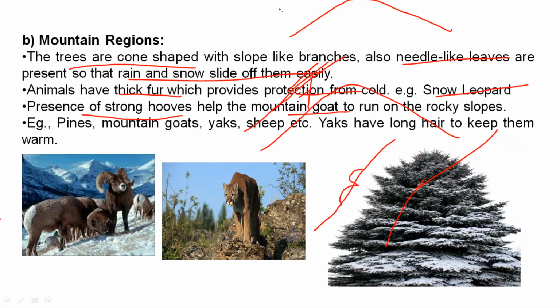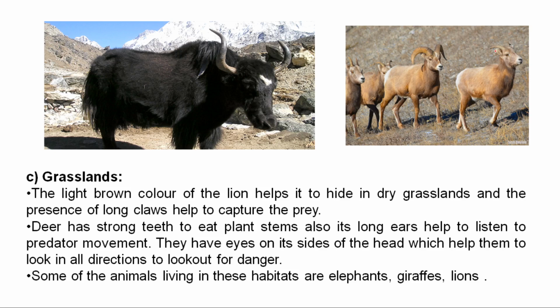For that, the mountain goat has strong hooves. For example, in mountain ranges we can see pines, mountain goats, yak, sheep. Yak have long hair to keep them warm. Look at here, yak. Okay, and these are sheep.